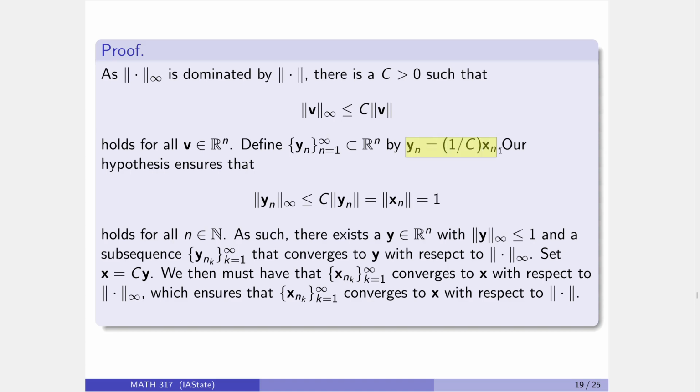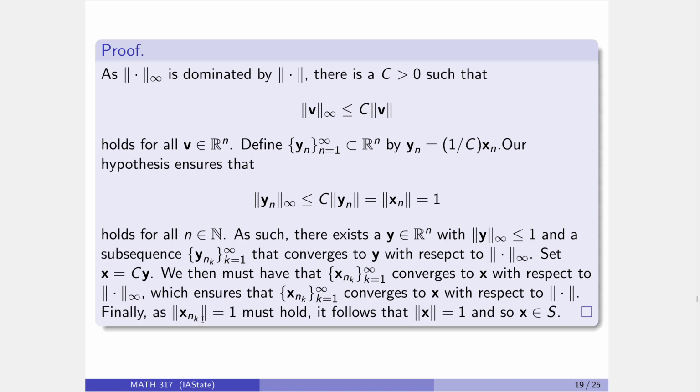Now, since norms are equivalent, if we look at that same subsequence, but now with the x terms instead of the y terms, that's going to have to converge to y times C, because the relationship between the x sub n's and the y sub n's is multiplying by C. So that means that this subsequence has to converge with respect to the infinity norm, which means it converges with respect to our original norm, and since all of these terms have length 1, it's got to be that the limit has length 1 as well.